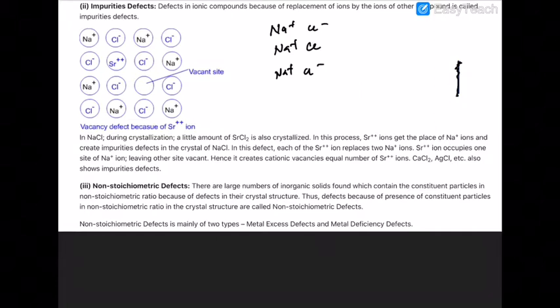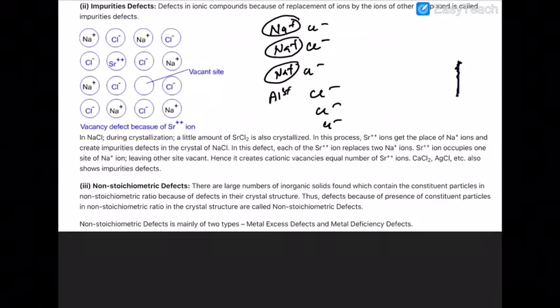These are the 3 cationic places. Now if in place of that I put 1 Al3+, 2 positions will remain. Why? Because 1 will satisfy all 3. So these 2 positions will remain vacant.